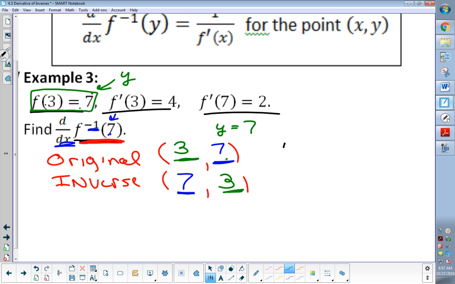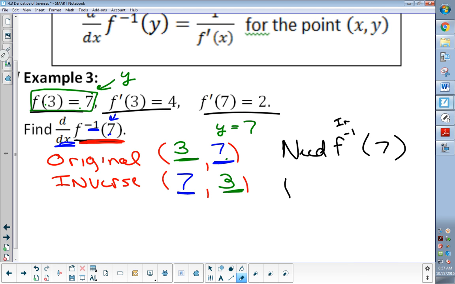If you want to know what f prime is at 7, I really want to know inverse f prime. It's the derivative of f prime. I just don't like writing it the way they write it. It gets weird.